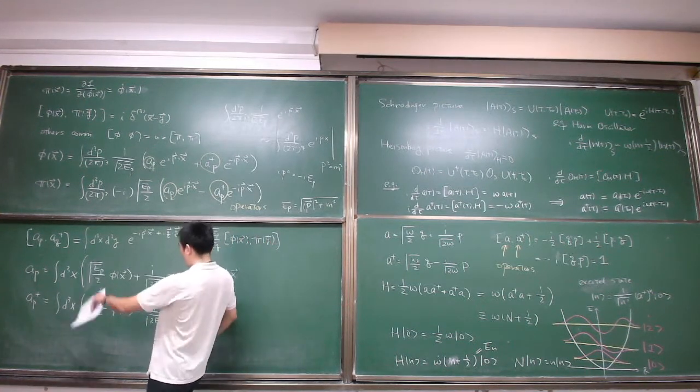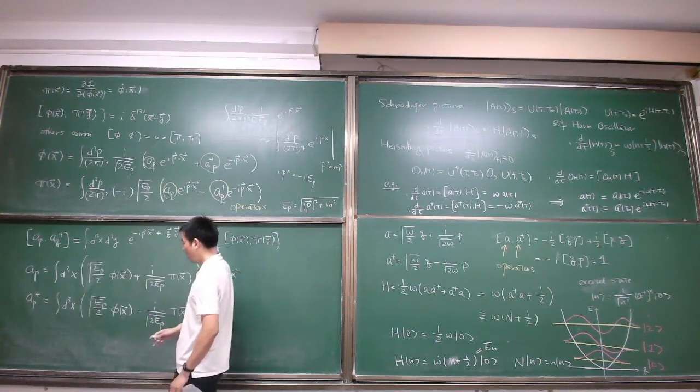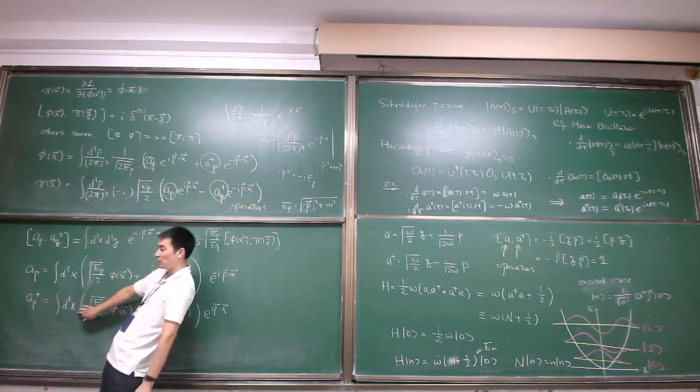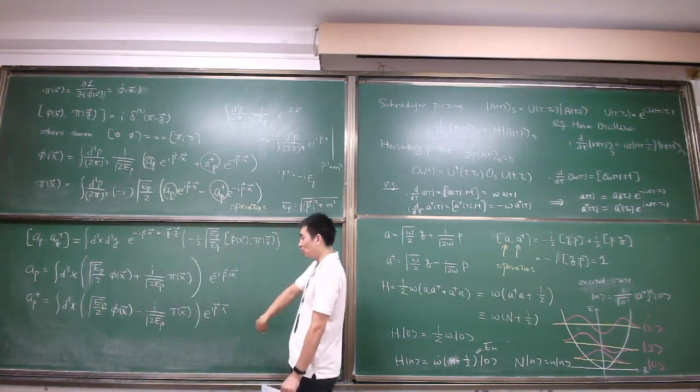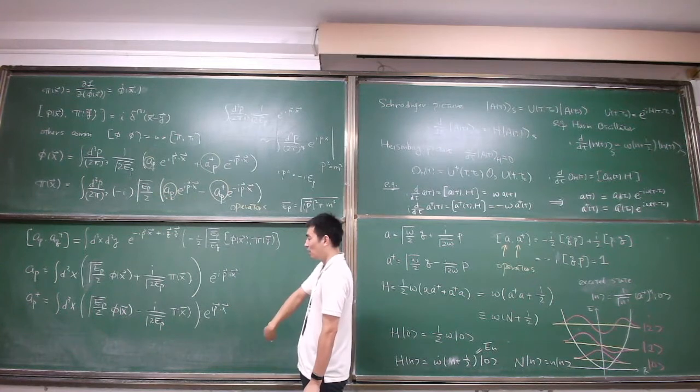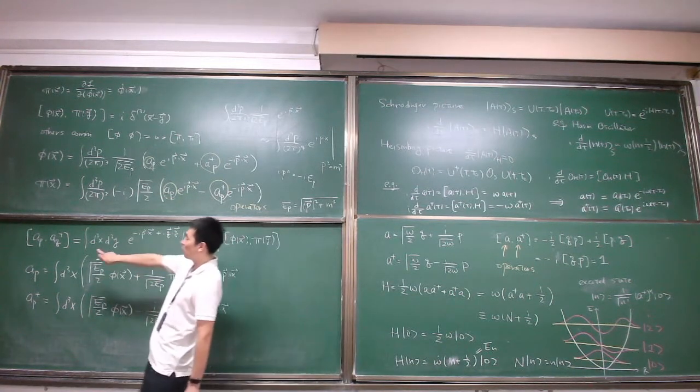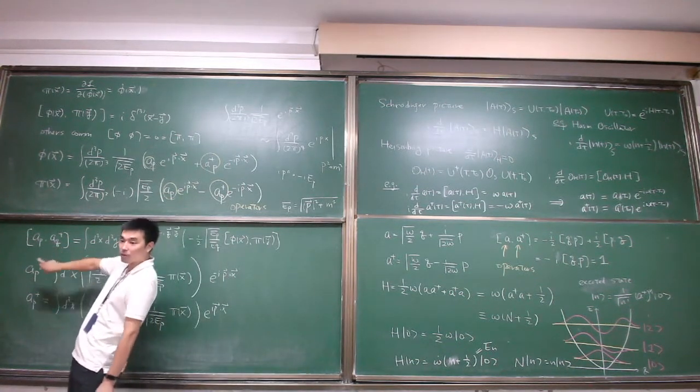That's a cross term. Now I just change x to y and p to q, because we want to use q for the second momentum.